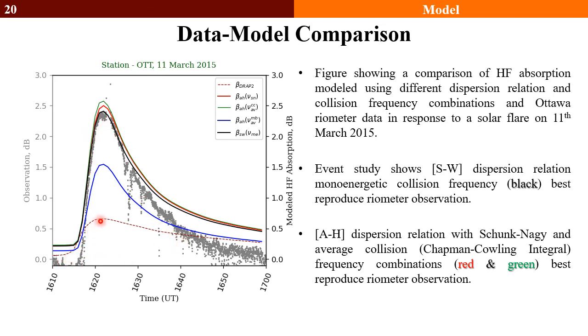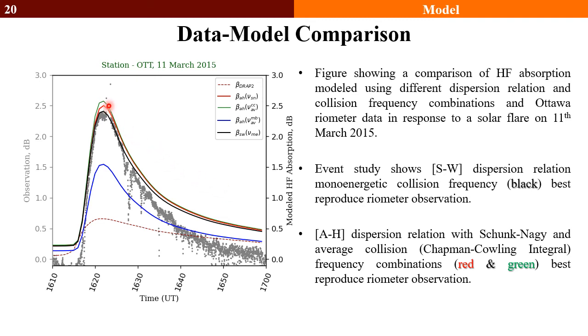The dashed line over here is the DRAP, and these solid lines are different combinations of dispersion relation and collision frequency. For example, this blue line is the Appleton-Hartree dispersion relation with average collision frequency, estimated using Maxwell-Boltzmann integration.